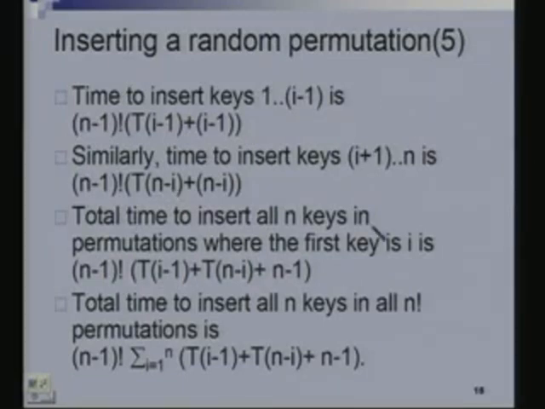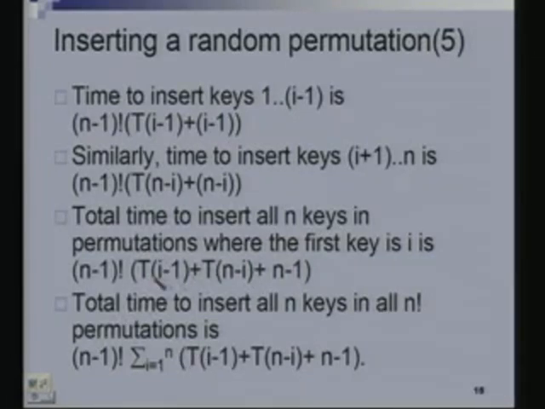So, the total time to insert all the n keys then is just the sum of these two quantities, and this is the total time over all the permutations in which the first key is I. So, it is this quantity. So, what is the total time to insert all the n keys in all the n factorial different permutations?